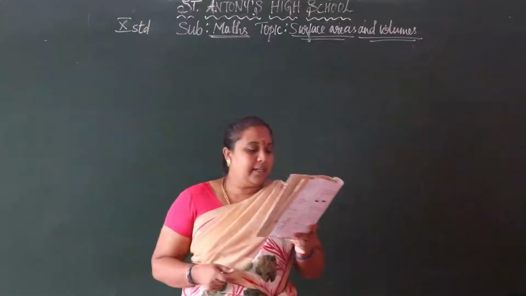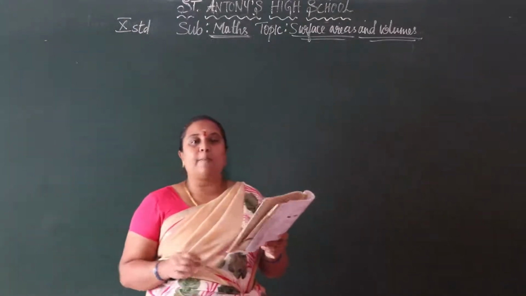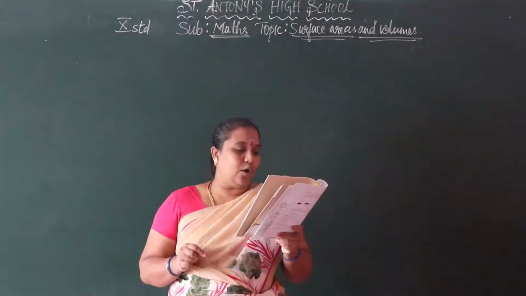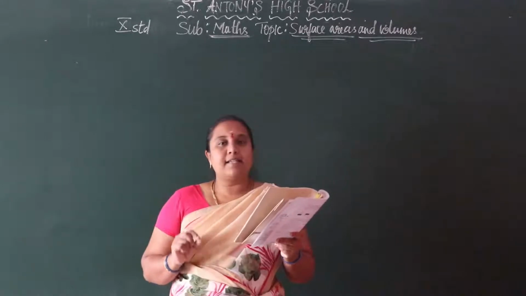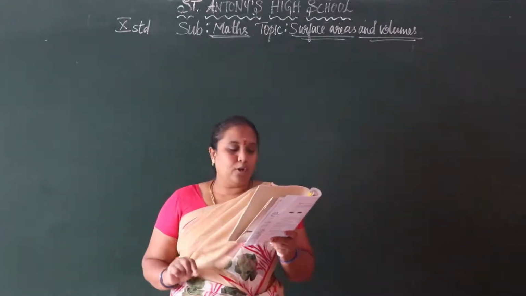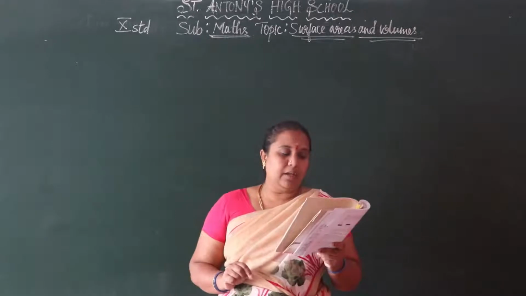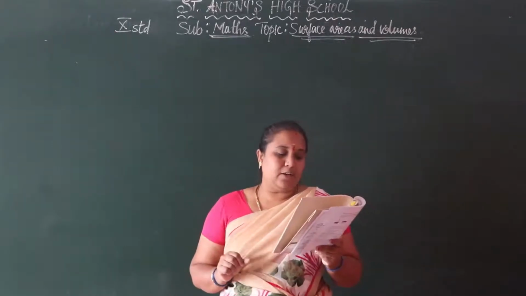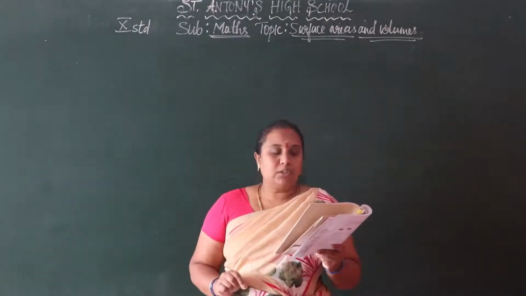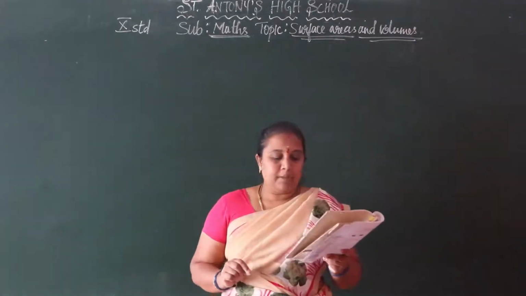The hemisphere is fixed on the top, with a diameter of 4.2 centimeter. Find the total surface area of the block.